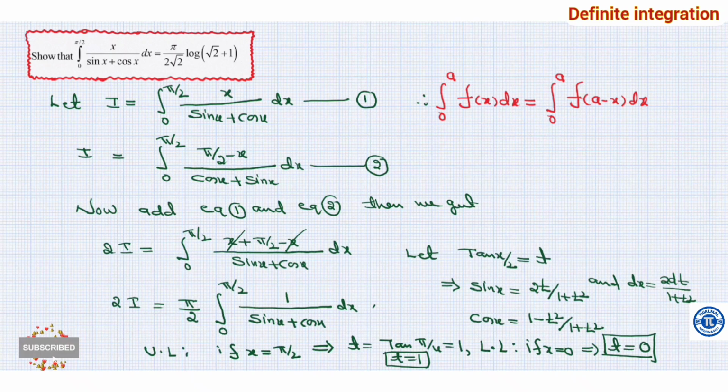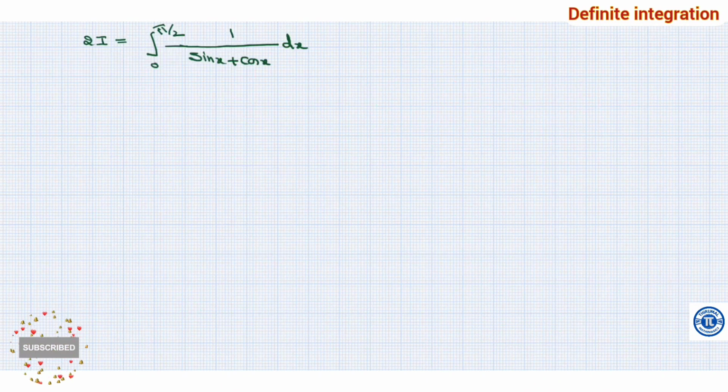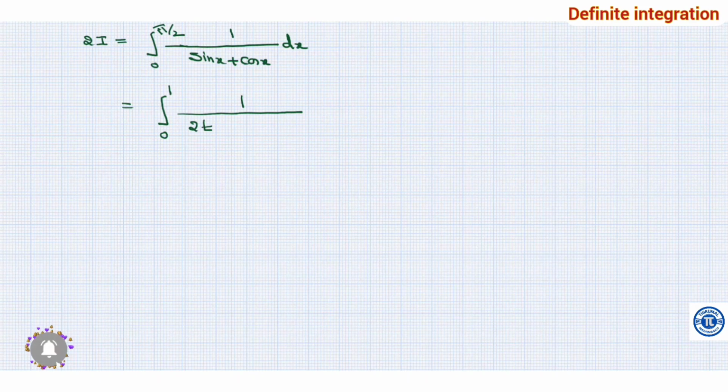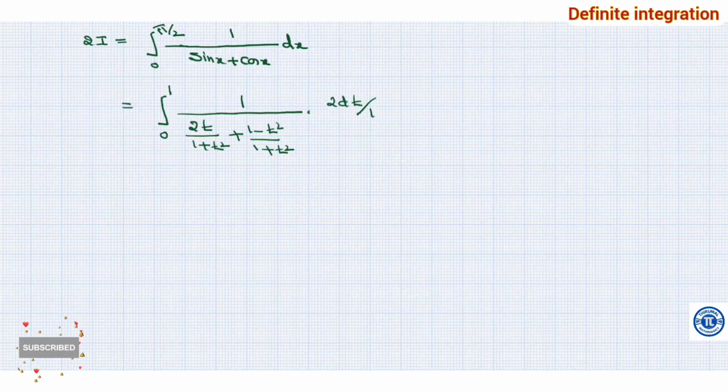Now substituting: tan x by 2 equal to t, we get sin x equal to 2t by (1 plus t square), dx equal to 2 dt by (1 plus t square), and cos x equal to (1 minus t square) by (1 plus t square), with limits t equal to 0 to 1. Substituting all these values in the integral, we get integration 0 to 1 of 1 by [2t by (1 plus t square) plus (1 minus t square) by (1 plus t square)] into 2 dt by (1 plus t square).